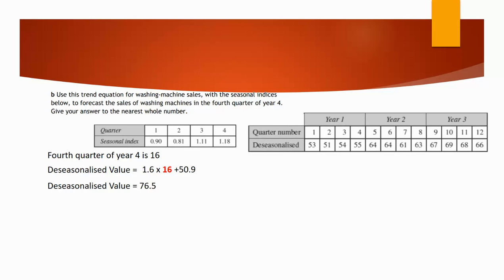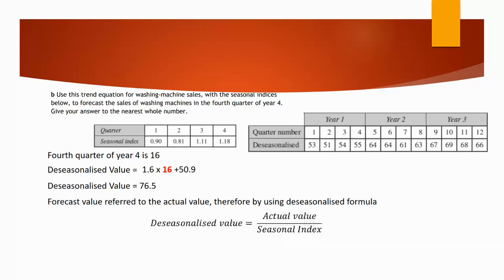Remember, the forecast sale denotes an actual value, which is going to be the sale in the fourth quarter of year 4, and the deseasonalized value is not the actual value. Therefore, we are going to use our formula to find the actual value. The deseasonalized value is equivalent to actual value divided by seasonal index. Therefore, the actual value is equivalent to deseasonalized value multiplied by seasonal index.